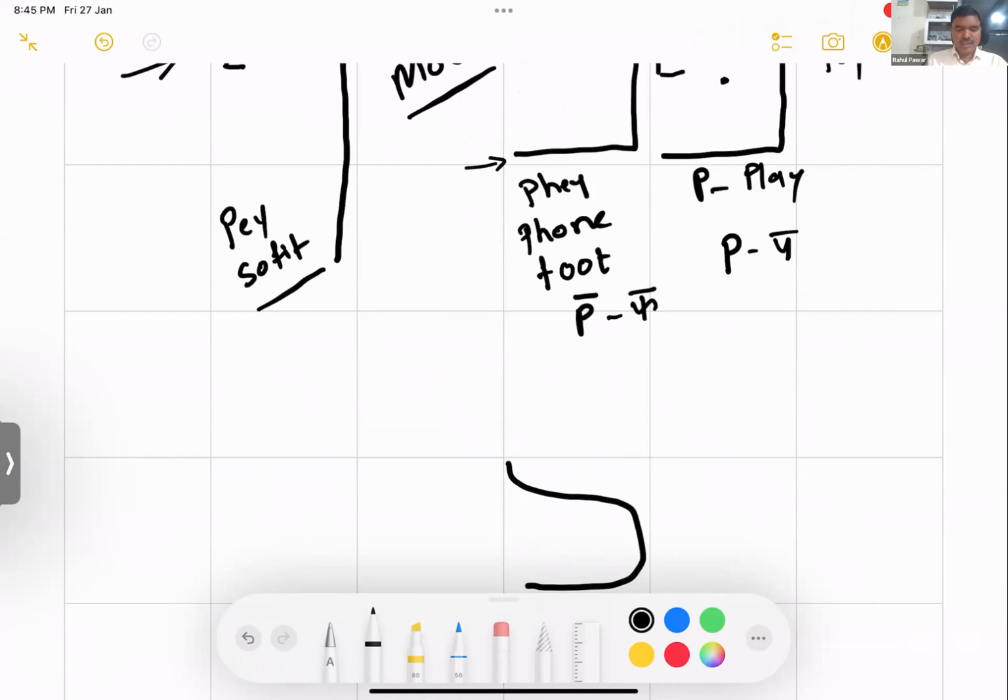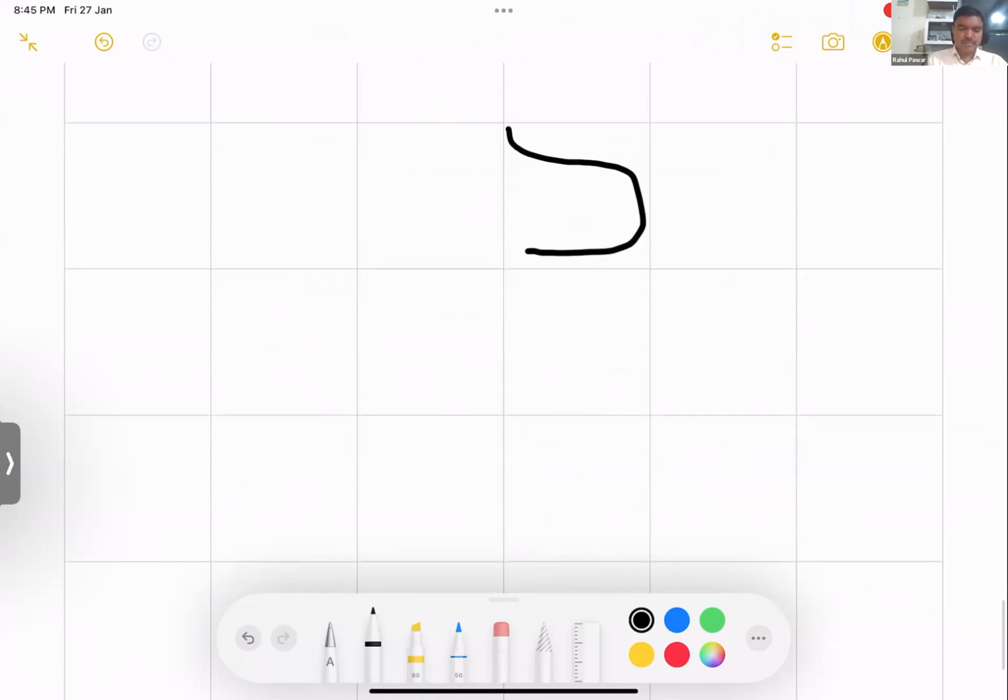Now, let me give you one example. Now, this is Kaf. Kaf and Sofit.